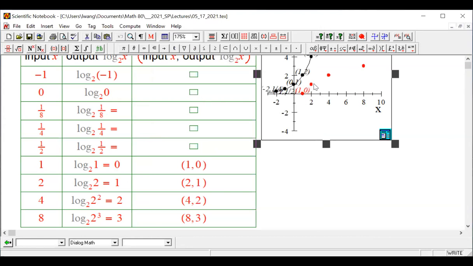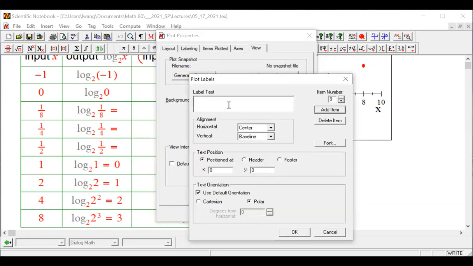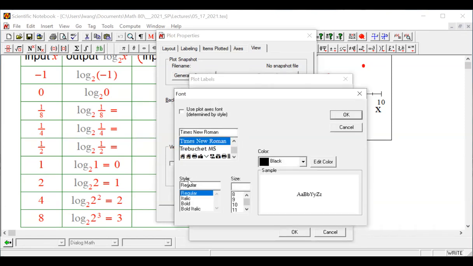The next point is 2, 1. So please mark your graph. 2, 1. It's a red dot.